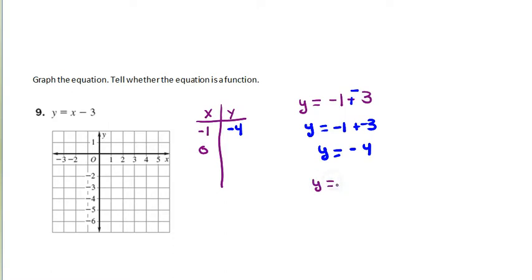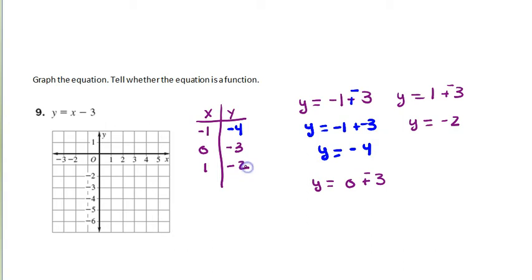Y equals 0 minus 3. If I DPS it, I get y equals -3. And let's try a positive integer. So I'm going to use 1. Y equals 1 minus 3. DPS it. Y equals -2.